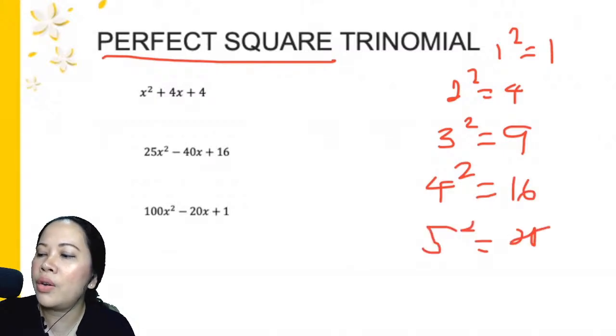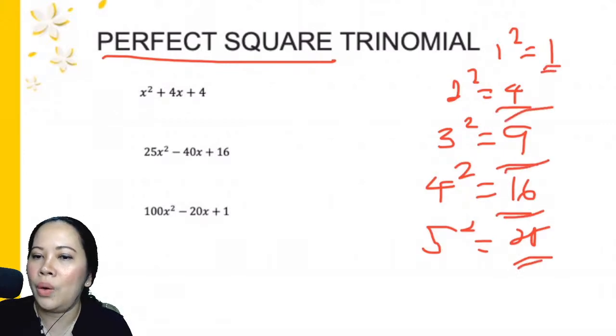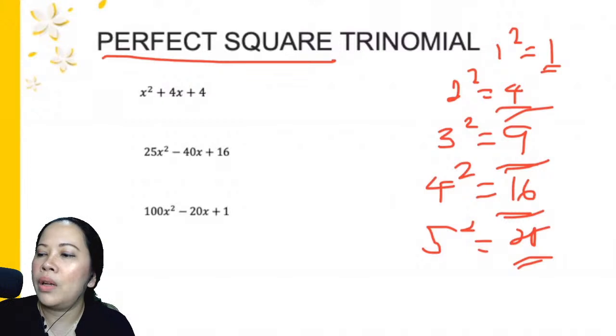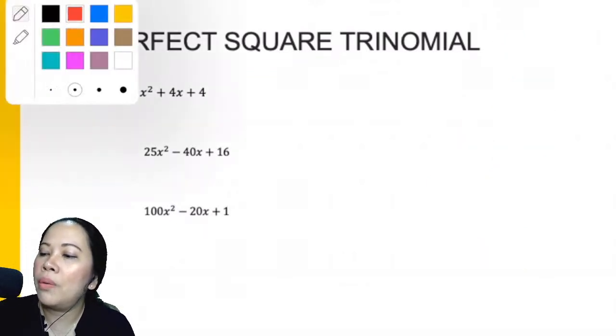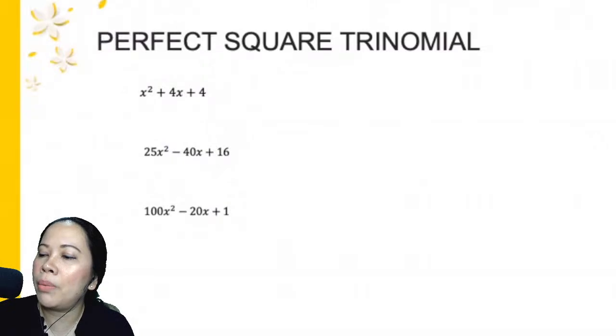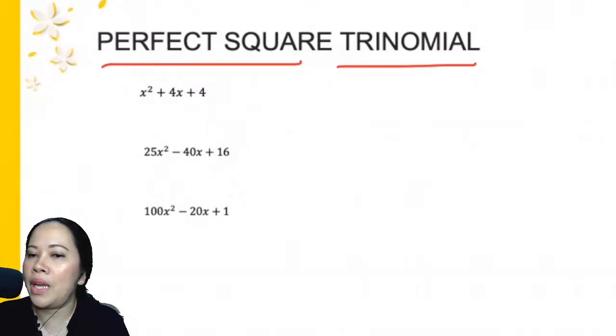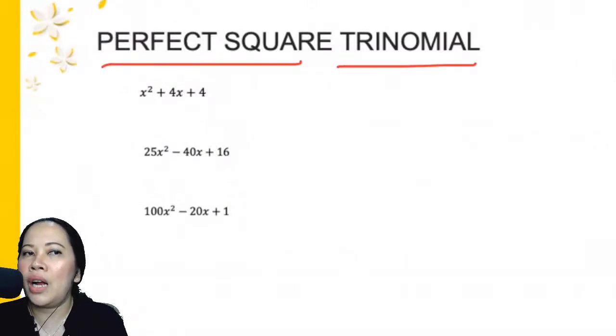So these are your perfect squares: 25, 16, 9, 4, 1. Now, trinomial means 3. So, perfect meaning perfect number. Trinomial is 3. So, how do we factor out a perfect trinomial?